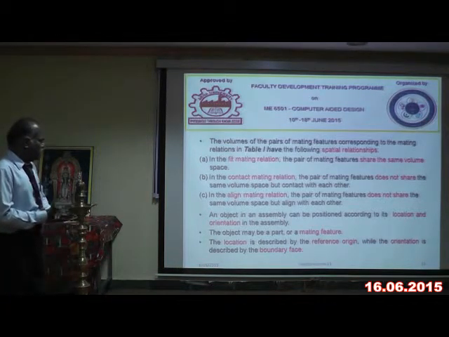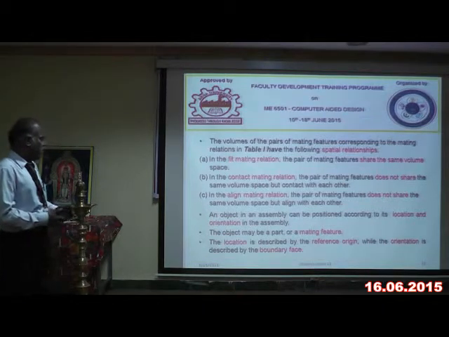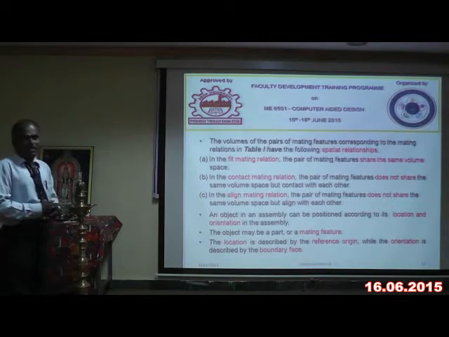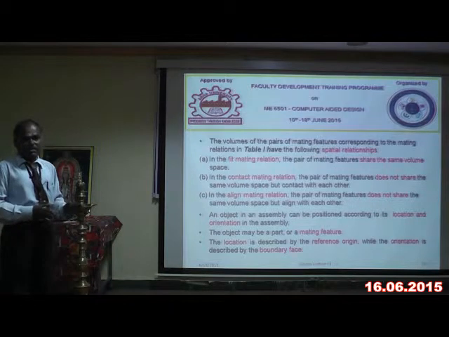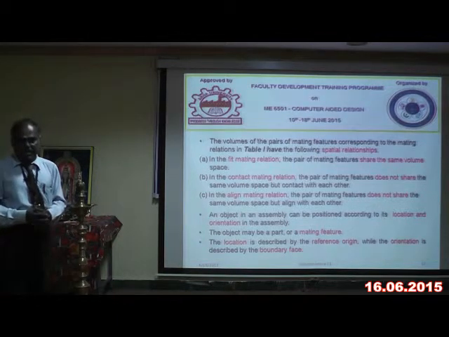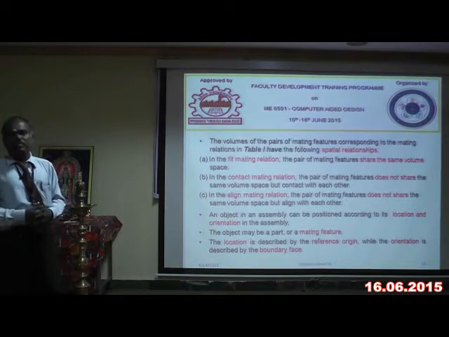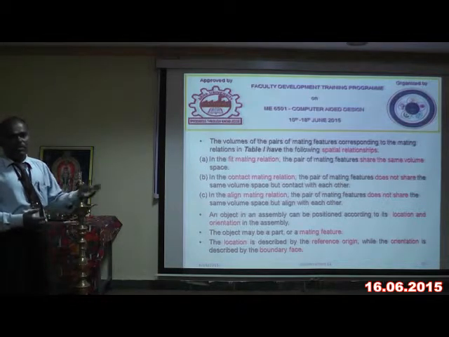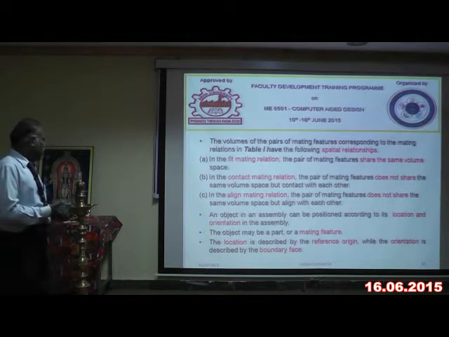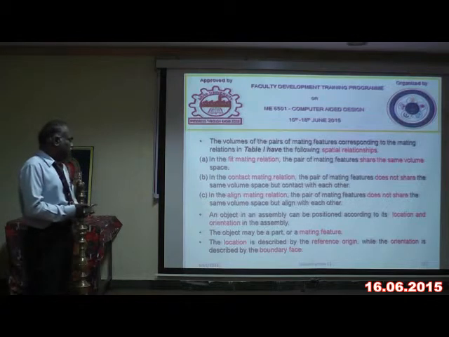An object in an assembly can be positioned according to its location and orientation. Already we discussed it. The location and orientation are very essential parts of assembly drawing. And then the object may have mating features.